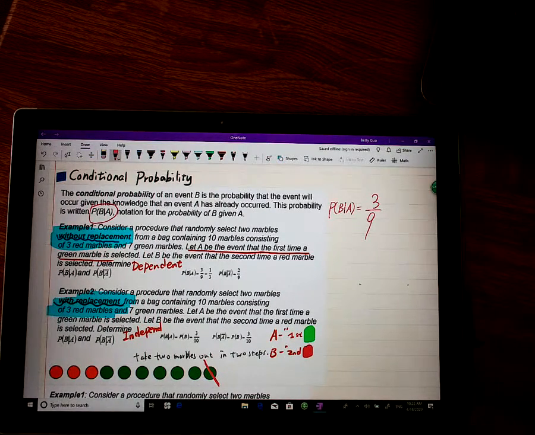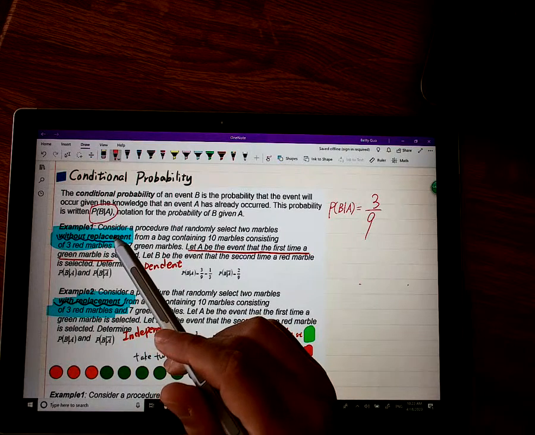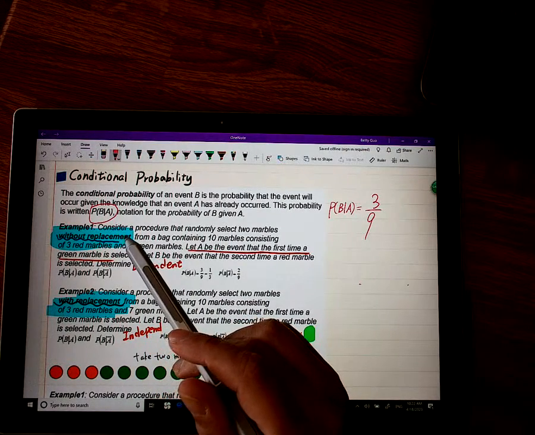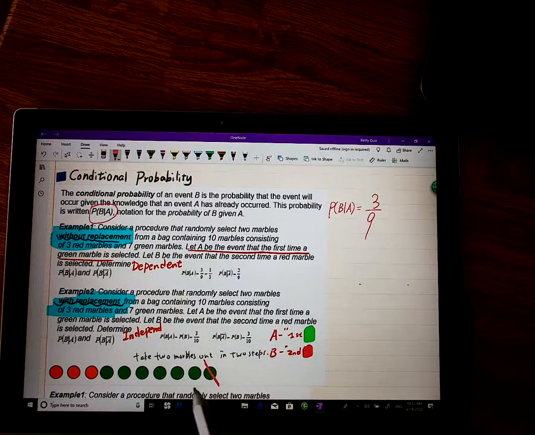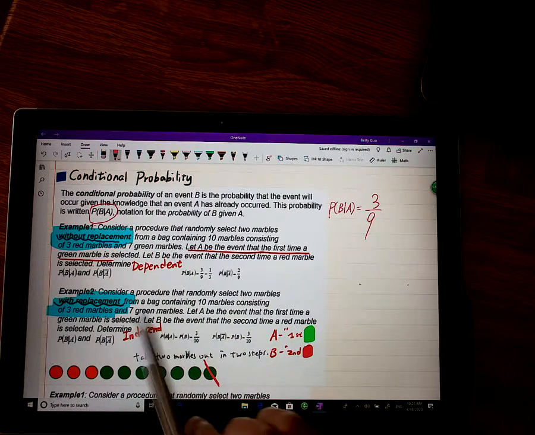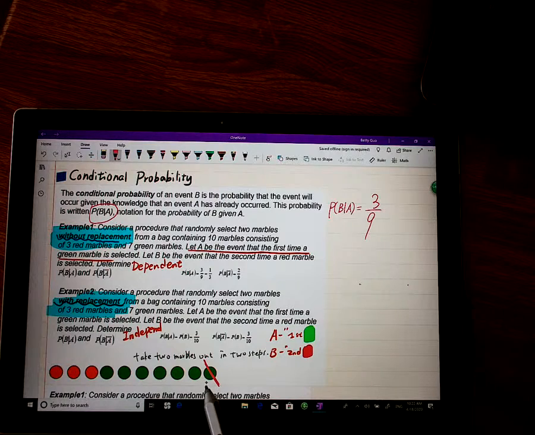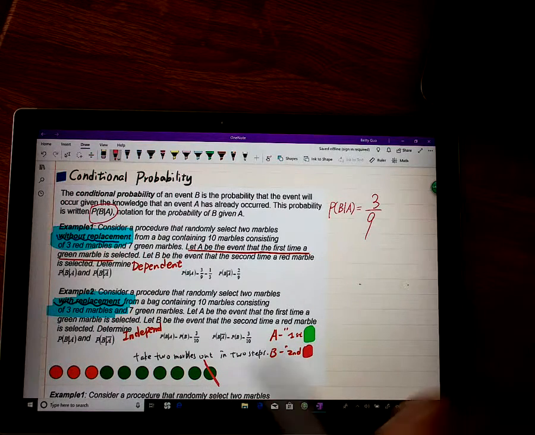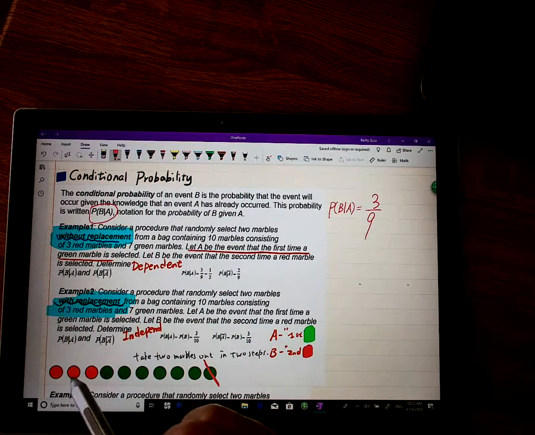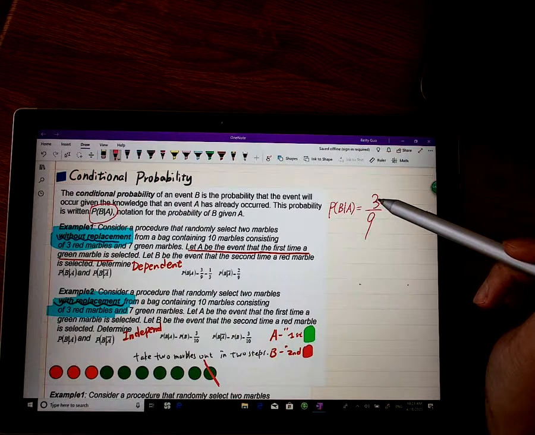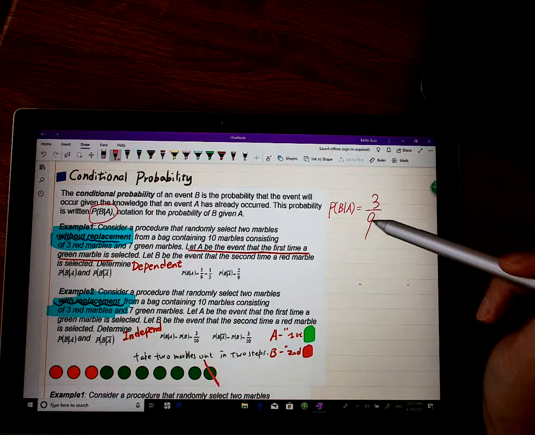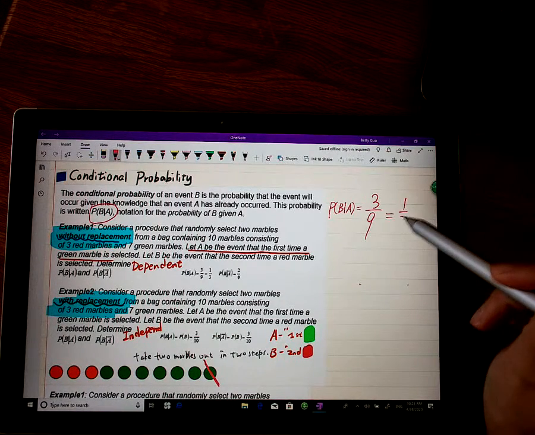We have to change the original sample space. Like example 1, we are doing without replacement. So when we consider event B, we don't have 10 marbles anymore in the bag. We only have 9. Among the 9 marbles, we have 3 red. So 3 goes on the top, 9 goes on the bottom. That is 1/3.